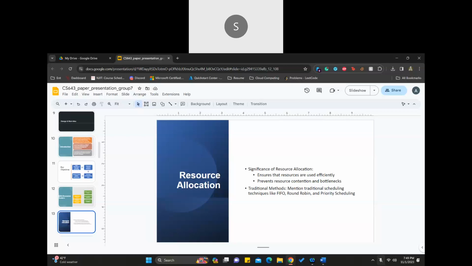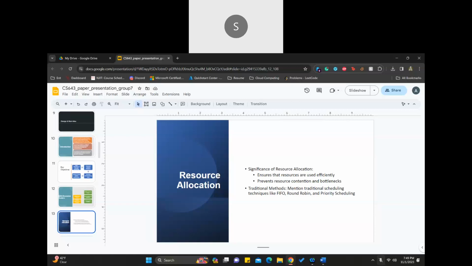Resource allocation is the process of distributing available resources to different tasks to ensure they run efficiently. It also plays an important role in preventing wasting of resources and ensuring that there are no clashes or slowdowns, also known as contention and bottleneck.